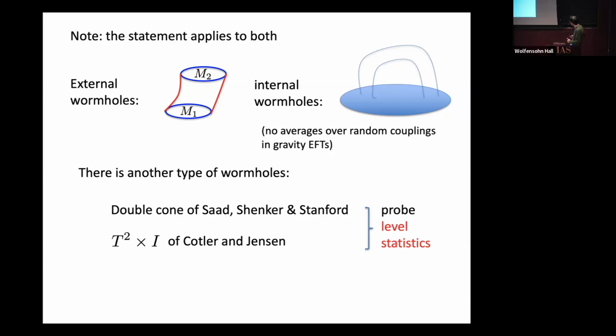Rather than OPE coefficients, they probe the level statistics. So again, it's tempting to conjecture that those wormholes describe this kind of Lorentzian, analytically continued partition function, and you go through the filter.